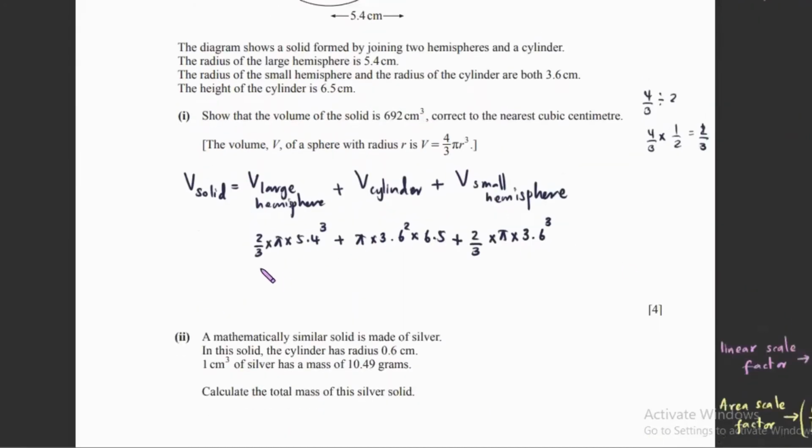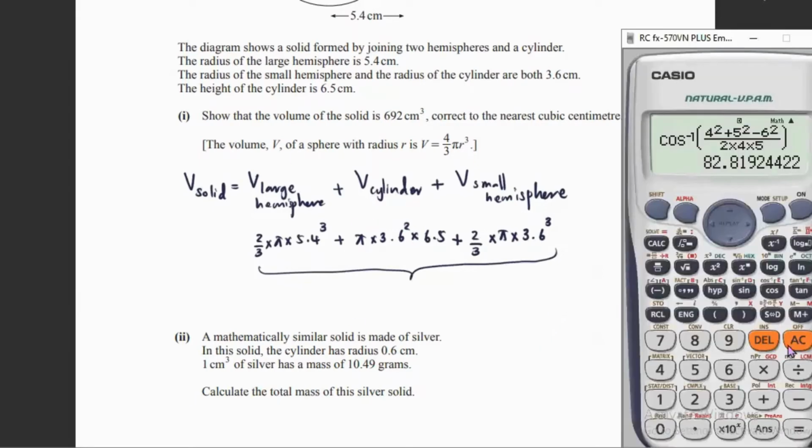We can put this in the calculator to find the volume of this solid. So I'm going to put this all at once in the calculator. So I have 2/3 pi r cubed, which is pi times the radius, 5.4 cubed.